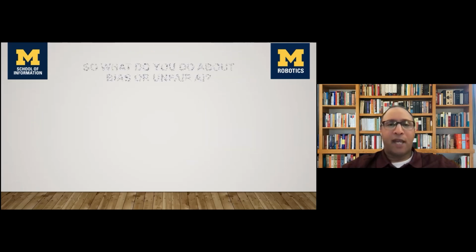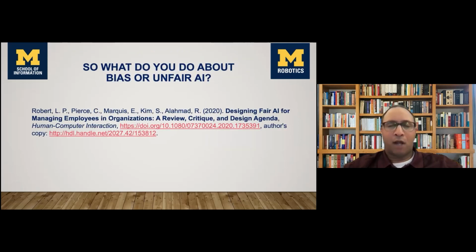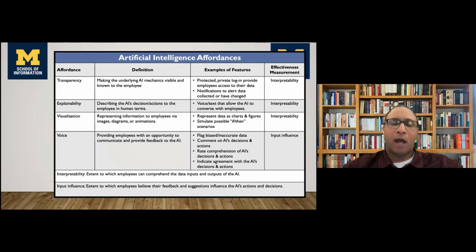So, some of the things I've actually thought about doing, we published an article recently on removing some of the bias from organizations. And one of the things I talk about is that maybe what you should think about doing is giving your employees more options to understand what's going on. So design systems that are more transparent, that are better at explaining how they reach a decision, that can visualize what's happening, and give the employees an actual voice to intervene, to say, no, we're not going to do this.